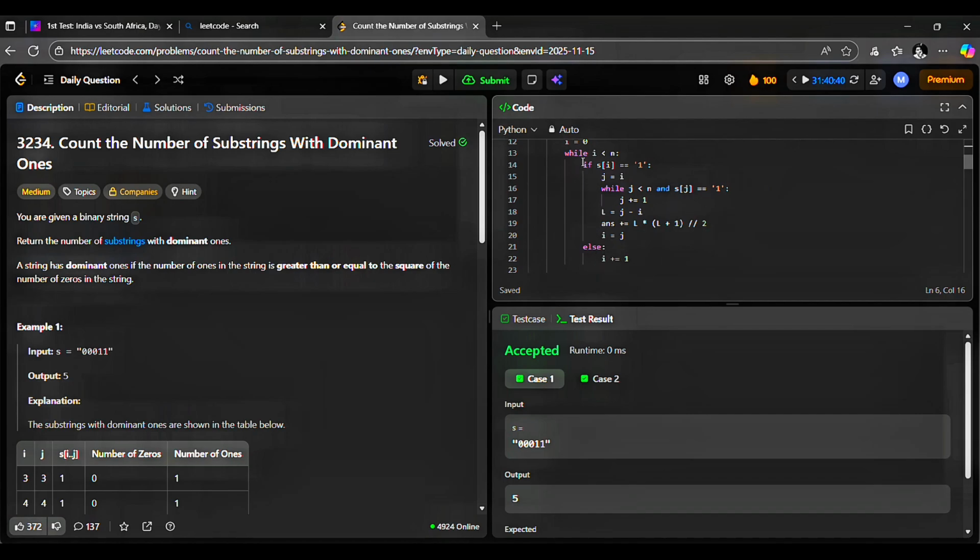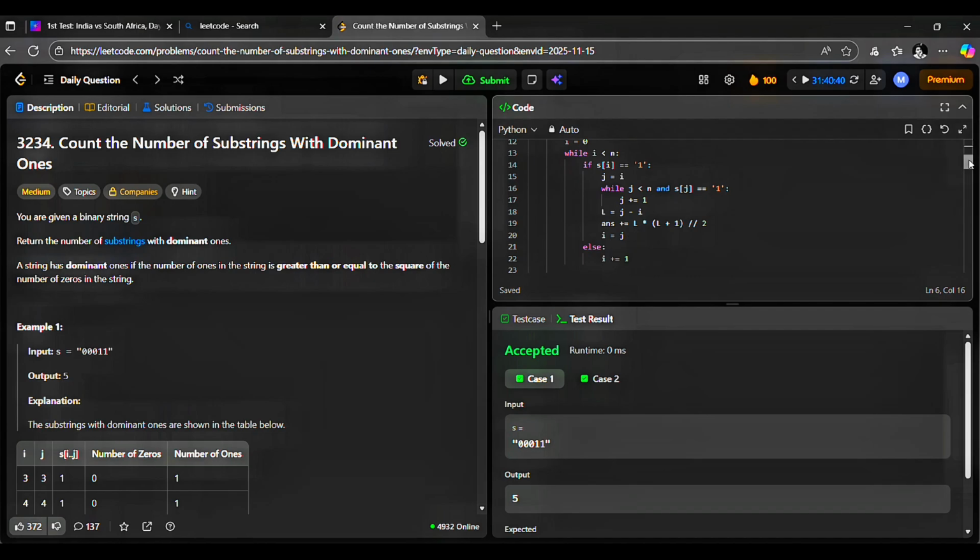So here we have checked three conditions: if, while and else. In this part we identify continuous blocks of ones. A block of length l produces l times (l plus 1) divided by 2 substrings. All such substrings contain 0 zeros, so they automatically satisfy the condition. Also we add them to our answer immediately. This step handles at least half the valid substrings in most cases.